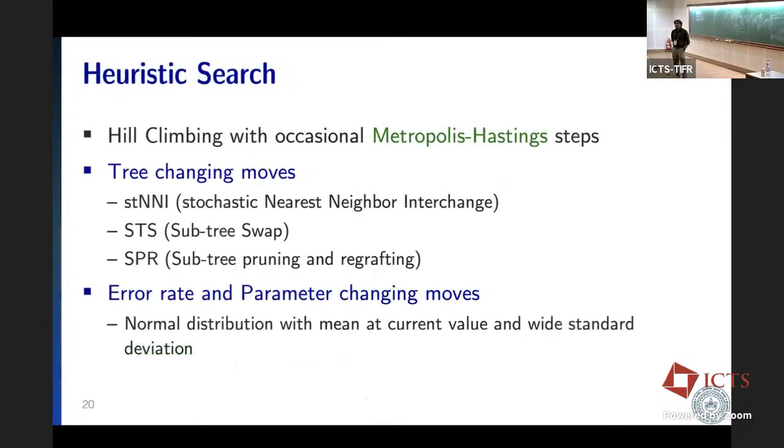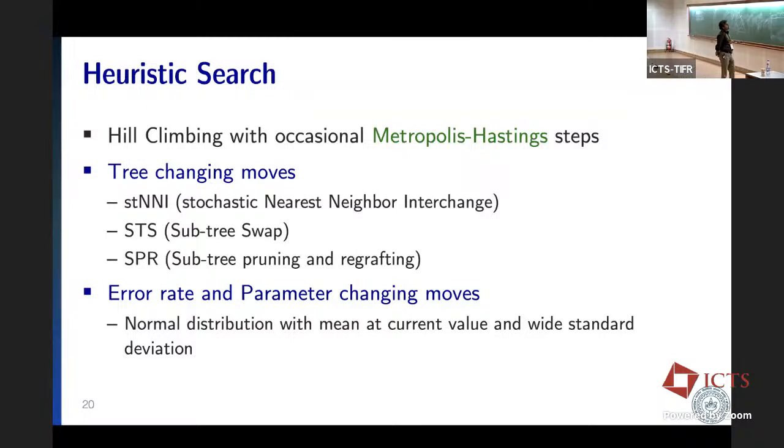So how do we do it? We resort to a heuristic search process, which is basically a hill climbing algorithm. Again, this scenario is very similar to what people have used in the field of phylogeny. So we start with a particular tree and mutation placement vector, and then we compute the likelihood.